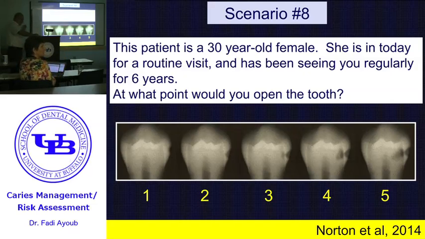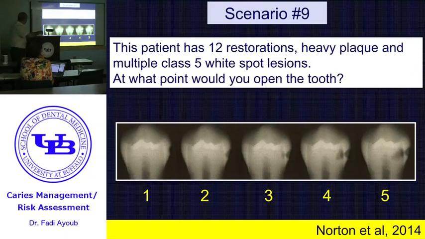I would start giving this some thought if I'm seeing progression. Obviously, number 3 is indented, and 4 and 5. Now if we go to the second scenario with 12 existing restorations, heavy plaque, and multiple class 5 white spot lesions.